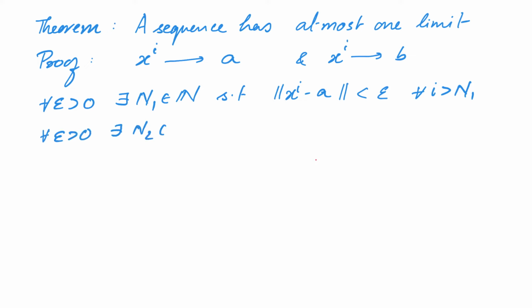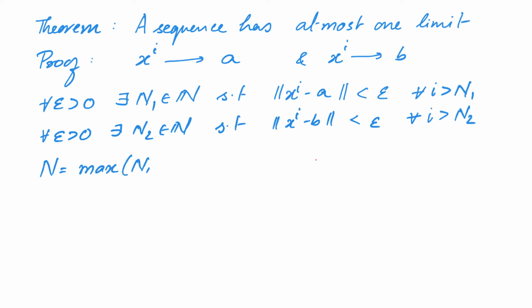If we focus on xi converges to A, it means that for every epsilon greater than 0, there exists some natural number n1 such that norm of xi minus A is less than epsilon whenever i is greater than n1. Similarly, if we focus on xi converges to B, we see that for every epsilon greater than 0, there exists some natural number n2 such that norm of xi minus B is less than epsilon whenever i is greater than n2. So now we take n to be equal to maximum of n1 and n2.